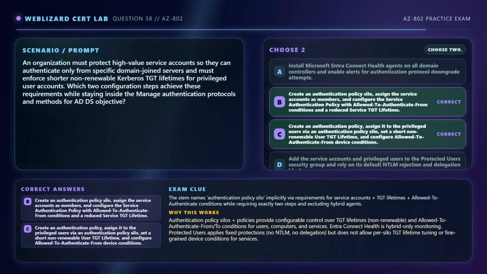Protected Users applies fixed protections, no NTLM, no delegation, but does not allow per-silo TGT lifetime tuning or fine-grained device conditions for services. The stem names Authentication Policy Silo, implicitly via requirements for service accounts plus TGT lifetimes plus allowed to authenticate conditions, while requiring exactly 2 steps and excluding hybrid agents.